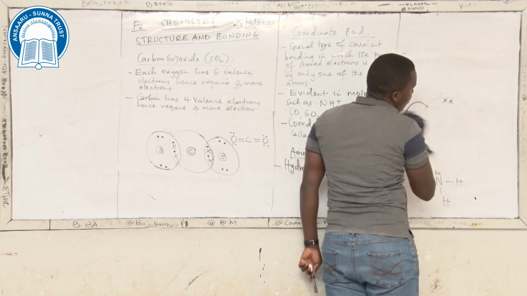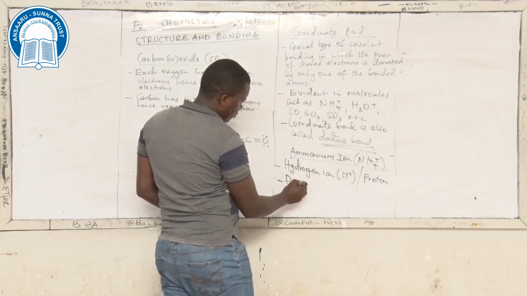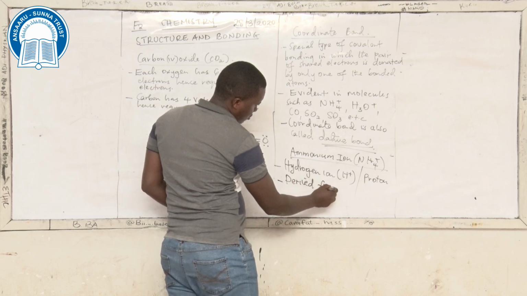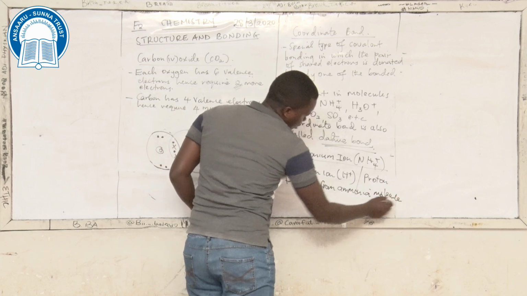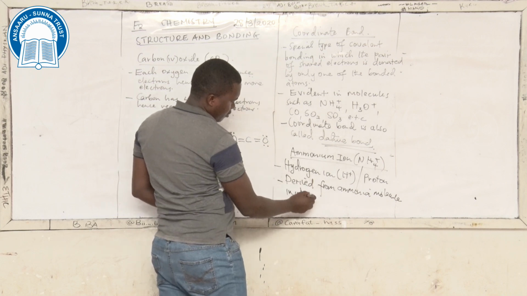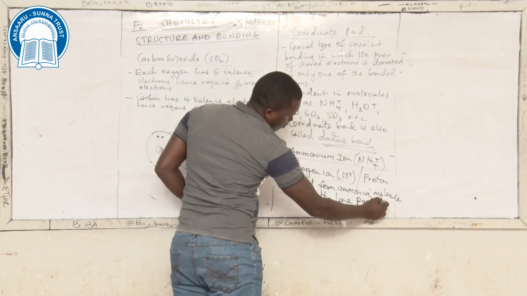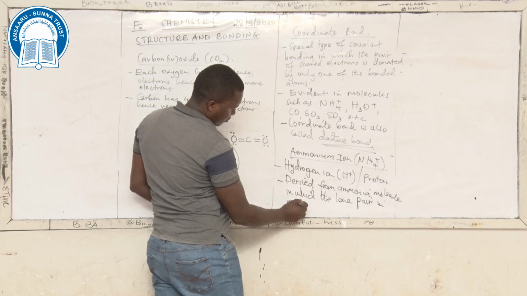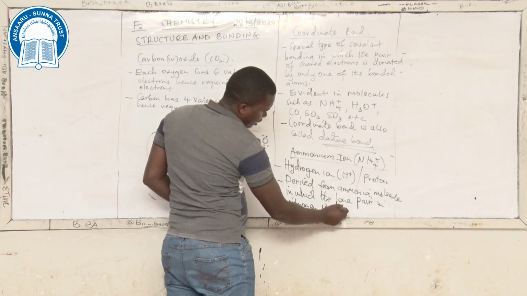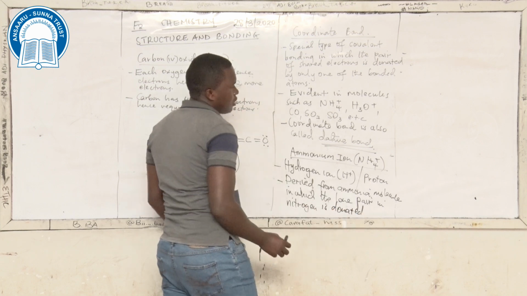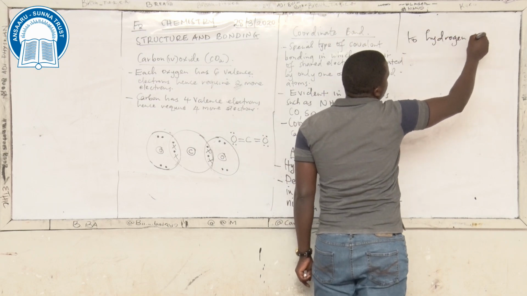So this one is derived from the ammonia molecule, in which the lone pair in nitrogen is donated to a hydrogen ion.